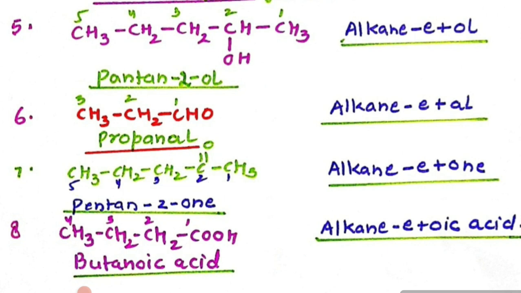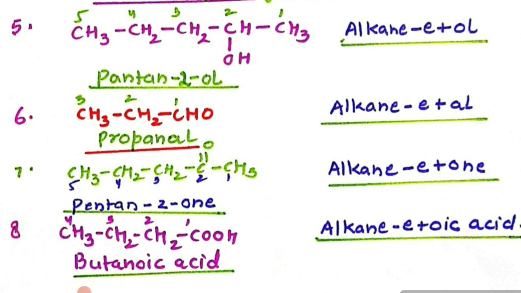Here the carbonyl carbon is present at the second position, and this chain contains a maximum of 5 carbon atoms, and the 5 carbon alkane is pentane, so the name of the compound will be pentan-2-one. Remove E from the spelling of pentane and add the suffix -one, and indicate the position. Since it is placed at the second carbon atom, the name of the compound will be pentan-2-one.